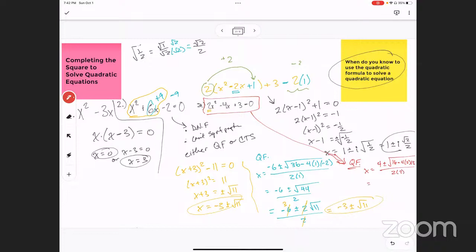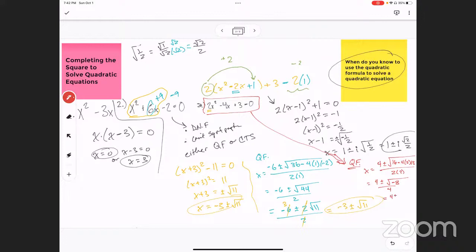Got it? Which equals 4 plus or minus the square root of, now this is going to be a negative number again, right? I know it because of the original. So that's what, 24, is this the same thing? Negative 8, is this the same problem we had before? Over 4, right? Which is going to simplify how?